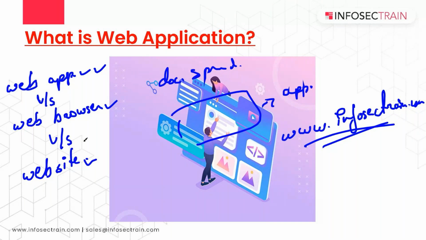Then after this, we have websites. In simple words, a website is like a book. It is like a book which contains different information and different pages.